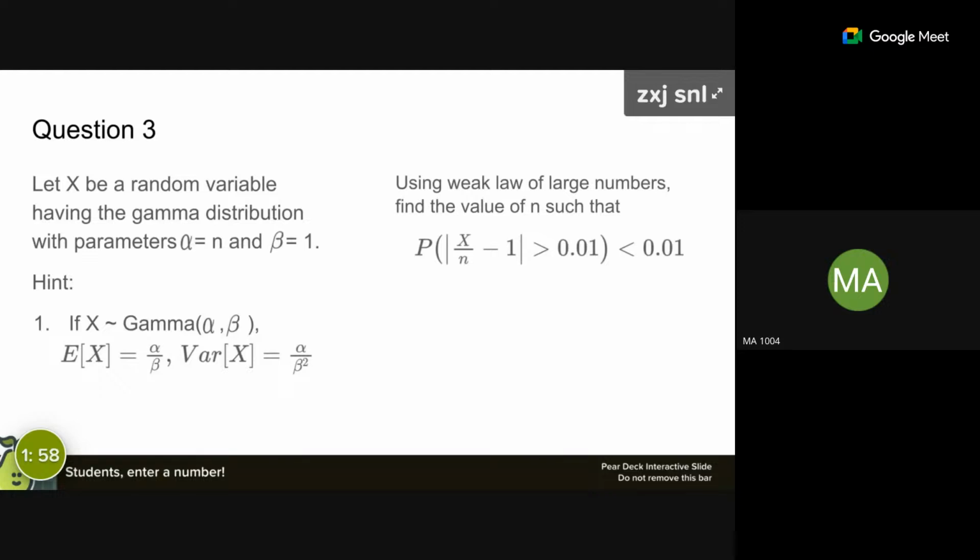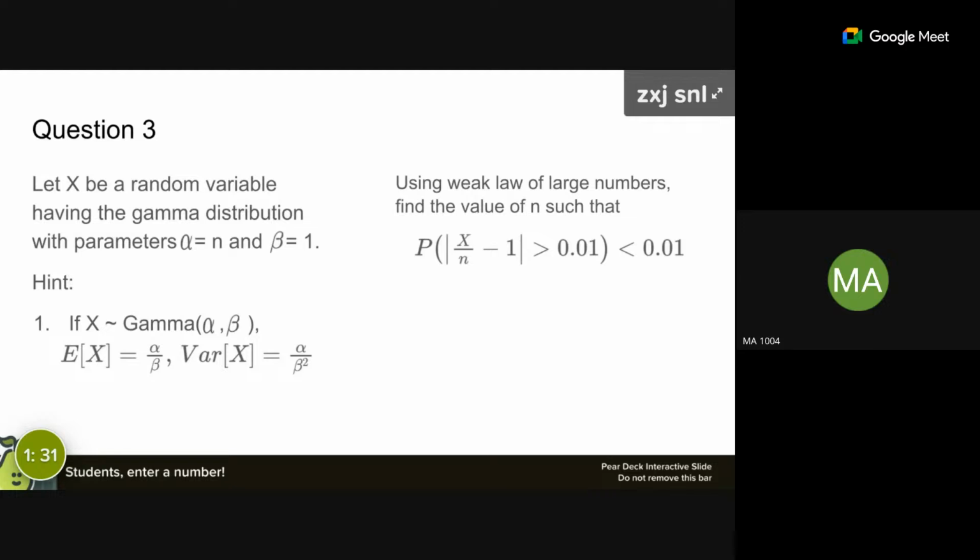Weak law of large number. Do you remember? 0.01 is equal to sigma square by n, that sigma square is your delta square. That's fine. But what was the main format, modulus of what? X bar minus mu, right? Yes. So that was the hint.